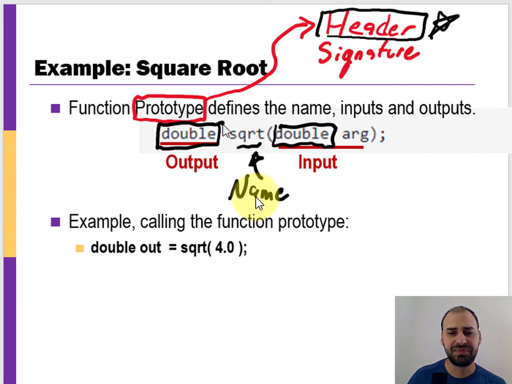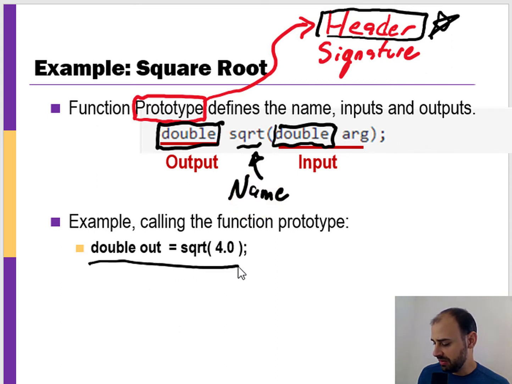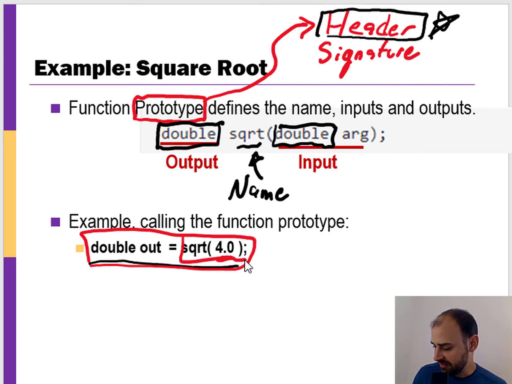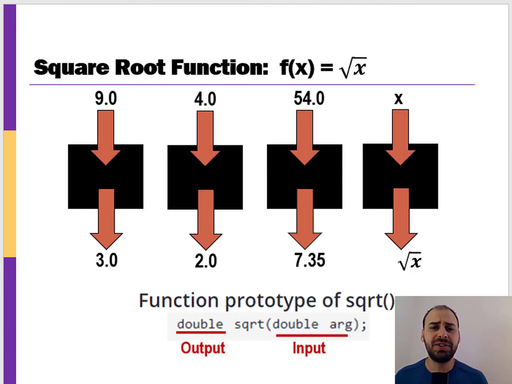So if we were using this function, we would do something like this down below, where we could pass in whatever we wanted as our input, and then the result of that square root, so in this case it would be 2, would get stored in variable out. That's how we would call the function. A big part of functions, like I was saying, is code reusability: we can pass in all sorts of different inputs.